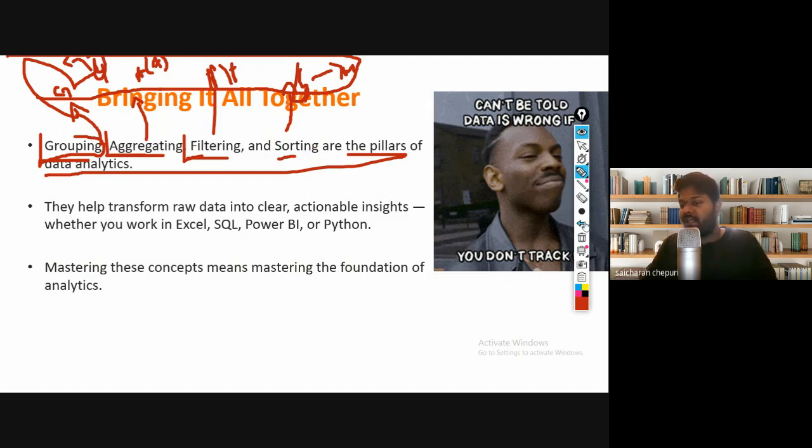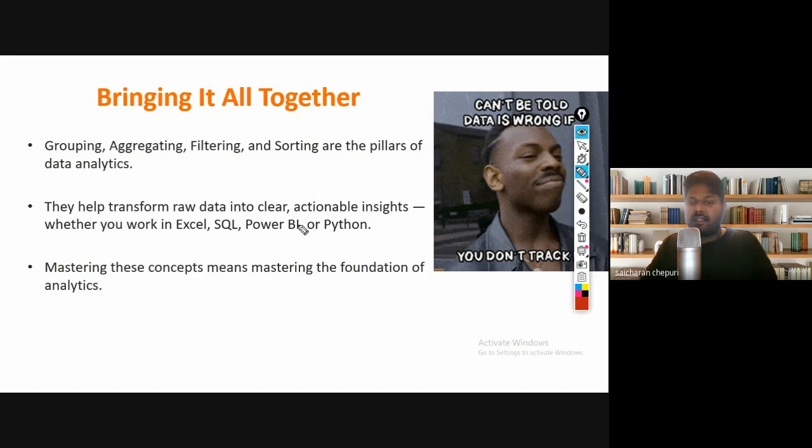Take any tool, take any data analytics project, you're going to use all of these concepts in depth. That is why I want to bring these concepts to people who want to start their career in data analytics. This is really important. No one tells you the basics. If you want to learn something online, you directly type in that particular course, and they don't teach you from the basics.